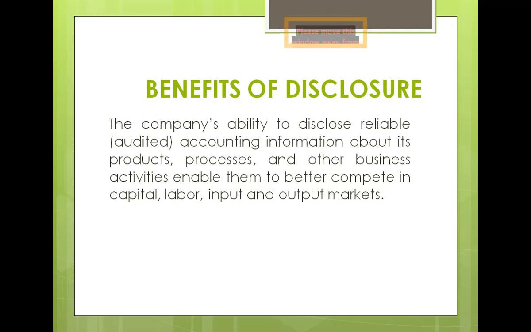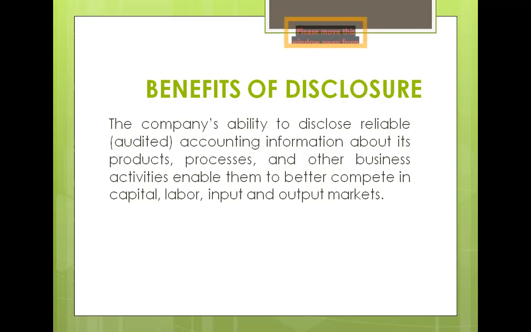So the advantages of supplying accounting information extend to a company's capital, labor, input, and output markets. Companies compete in these markets. Okay? Again, a company competes in the 4 markets: the capital, the labor, the input, and output. For instance, debt and equity financing are sourced from capital markets.